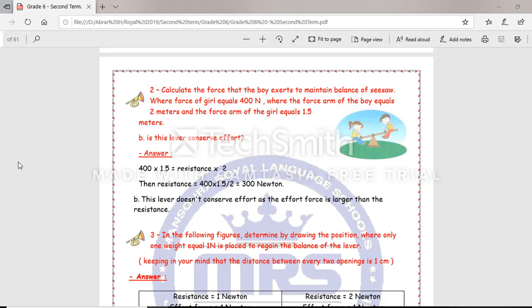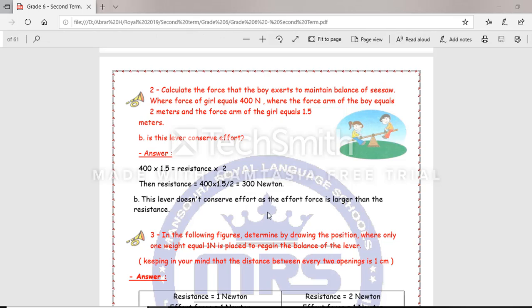Here I have 400 times 1.5, which is the arm, equals the unknown force multiplied by 2. So 400 times 1.5 divided by 2 equals 300 Newton. So the boy's force equals 300 Newton.